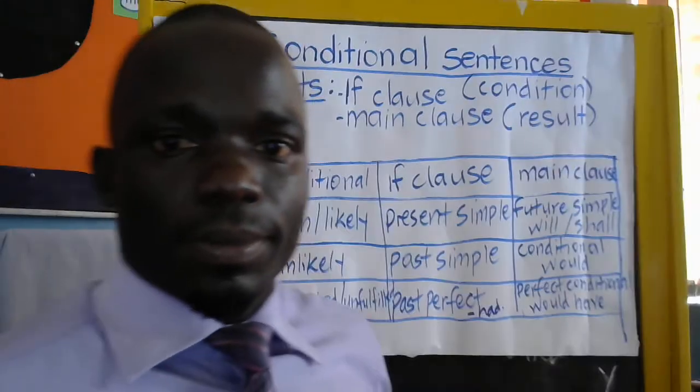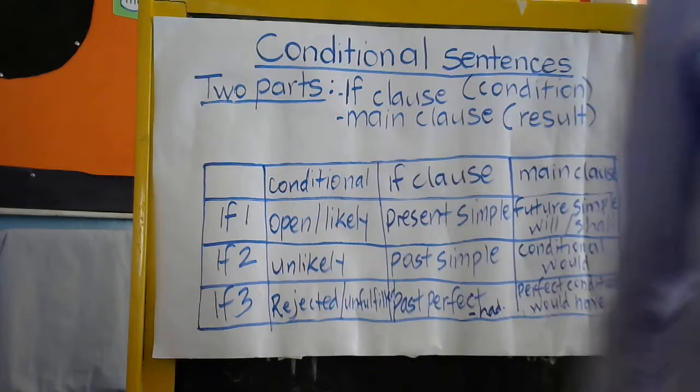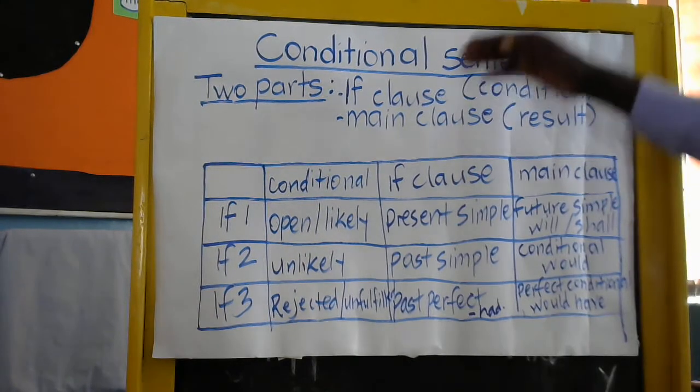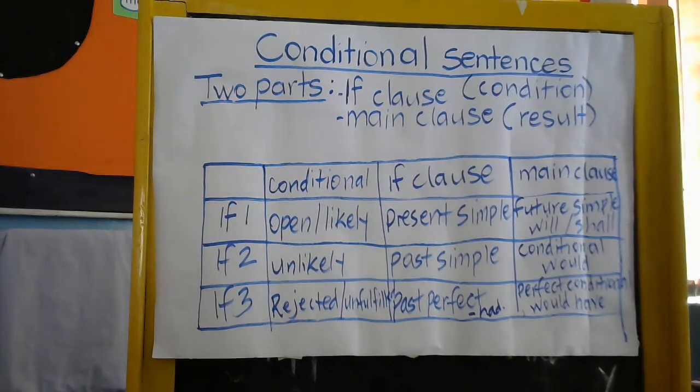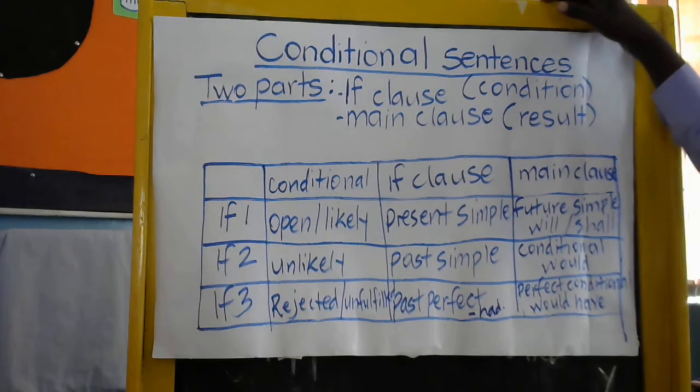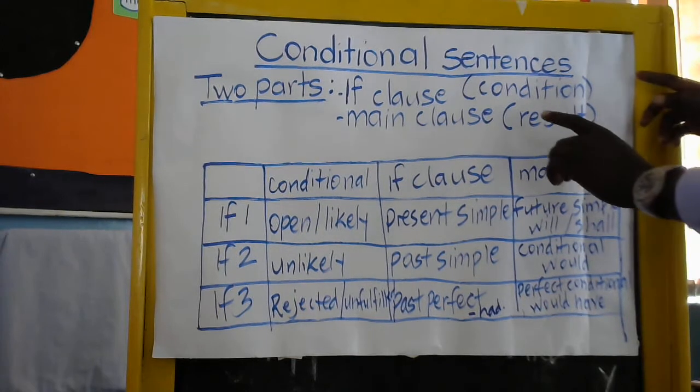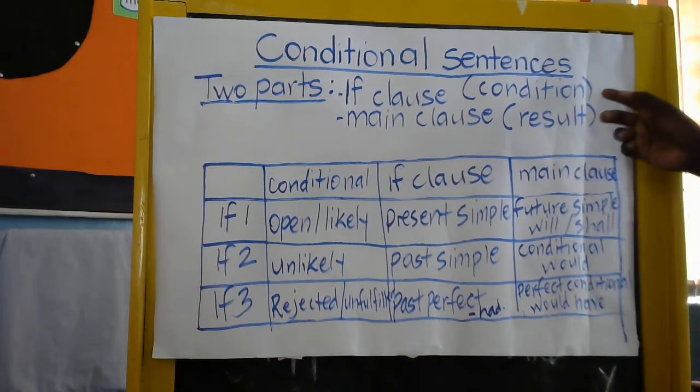In summary, we have said that conditional sentences have two parts. One is the if clause, and we said the if clause itself is the condition that needs to be fulfilled.